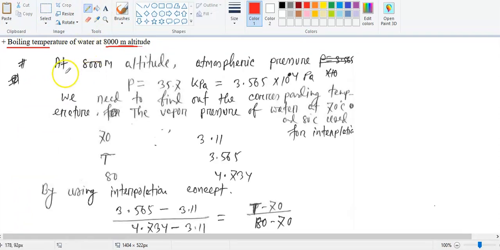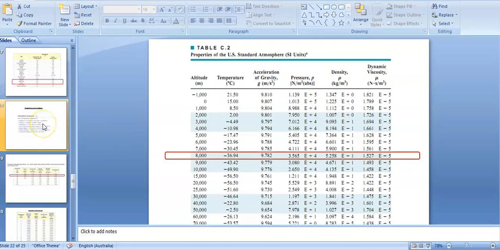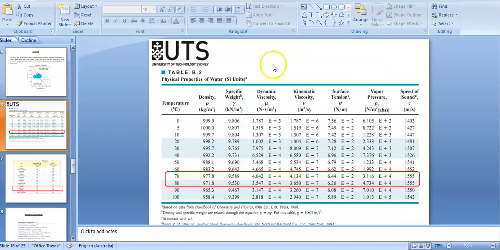Okay, so see what I wrote here. At 8,000 meter of altitude, the atmospheric pressure is 35.7 kPa, a value we got from the table I showed you earlier. This is the atmospheric pressure. And now if we go back to the table, you see the water properties.